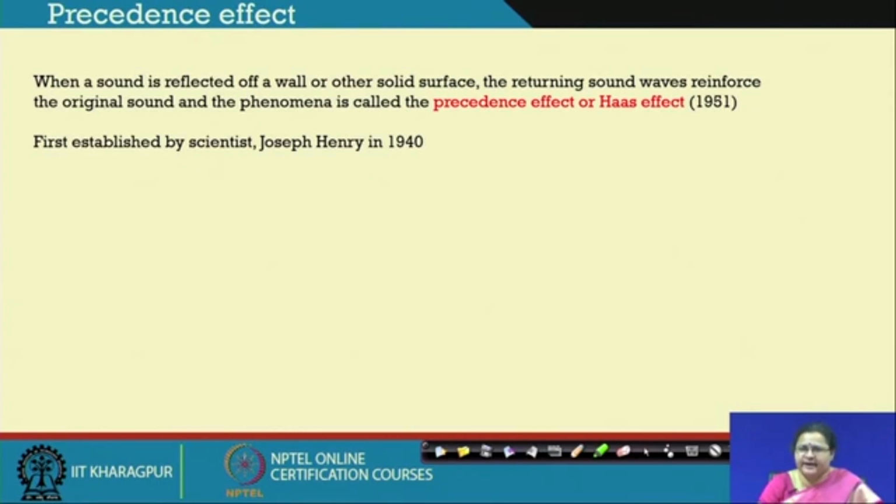We have discussed this many a time while discussing reflection, and this precedence effect is taking care of the helpful reflected sound, which helps the original sound source wave get reinforced to reach the people.